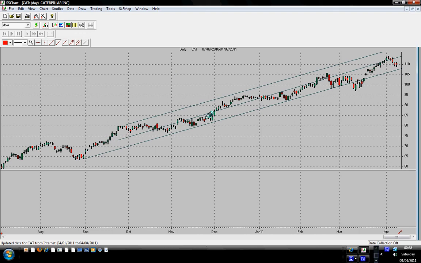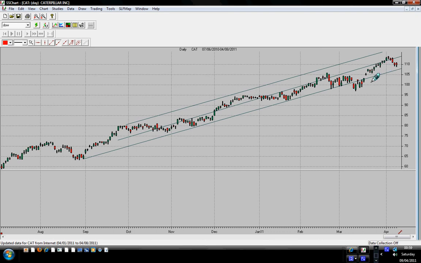We know that Caterpillar is a leader in the market of Dow Jones, in the sector of Dow Jones. So if it's moving in the same direction as Dow Jones, that will be excellent. But if you see Dow Jones giving a buy signal and this one giving a sell signal, we need to be careful on that particular day, because we may have a consolidation day, because the leader and the market are in conflict.